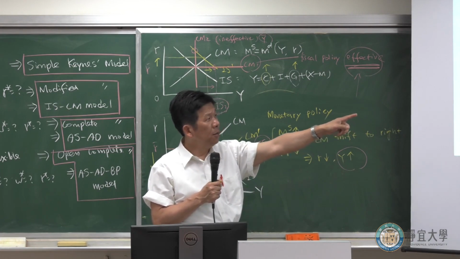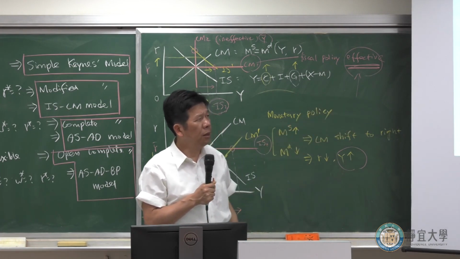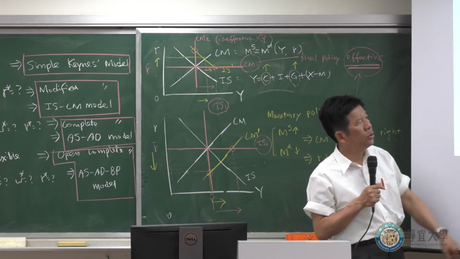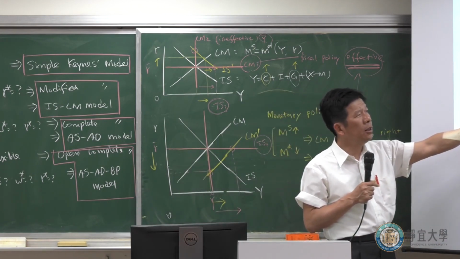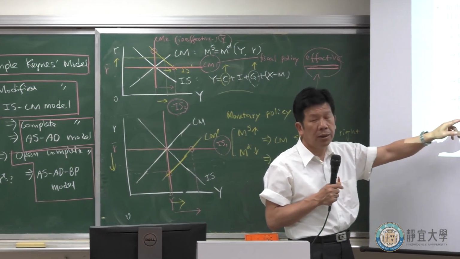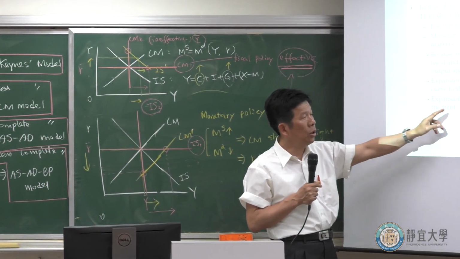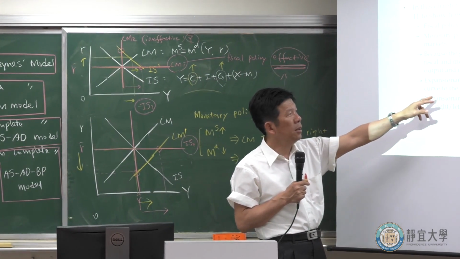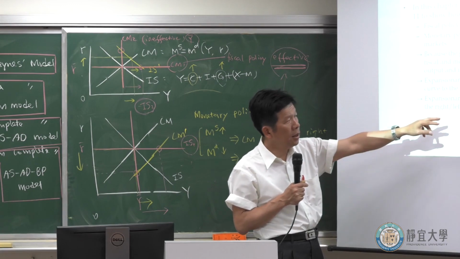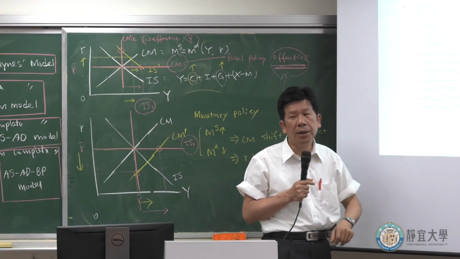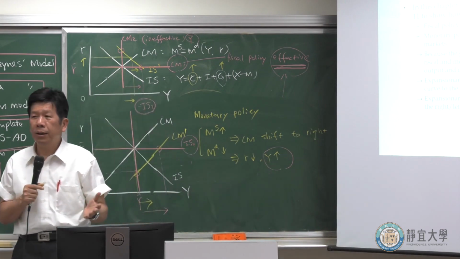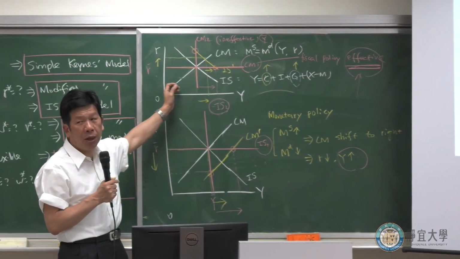If they use contractionary monetary policy, they let the money supply decrease or money demand increase, so the LM curve will shift to the left hand side. And fiscal policy will let the IS curve shift. So this is what we mentioned before.